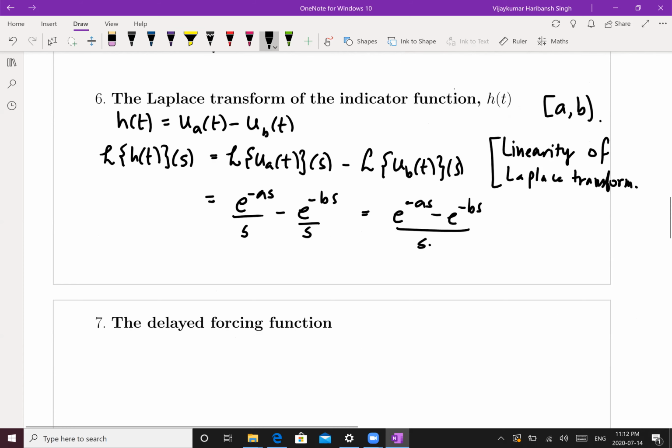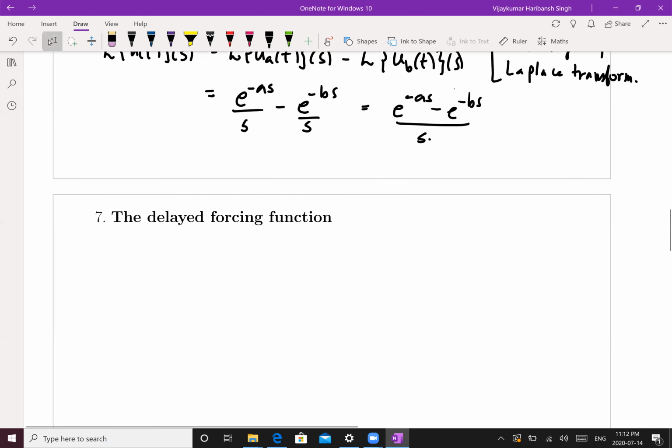Now comes the idea that we have a delayed forcing function. Again, if you remember, you have b u prime plus c u equals g of t. And we want to talk about forcing functions where g of t is not continuous anymore. So let f of t be a function.